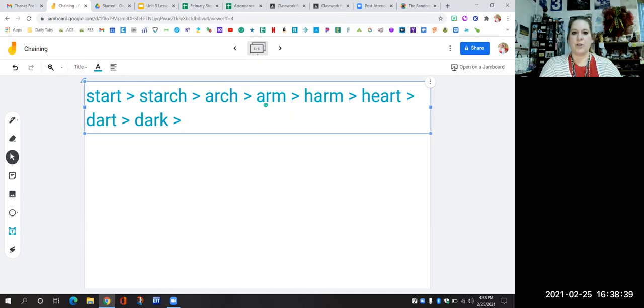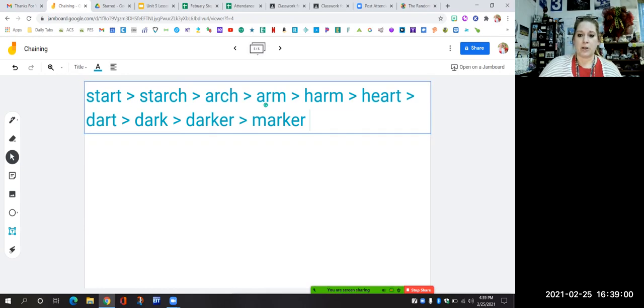So it's darker. Very good. All right. So now we're going to change the d sound of darker to m, and we have marker. Very good. So we started with the word start. We kept making one little change and we ended with the word marker.